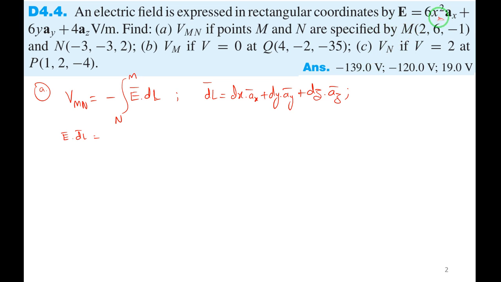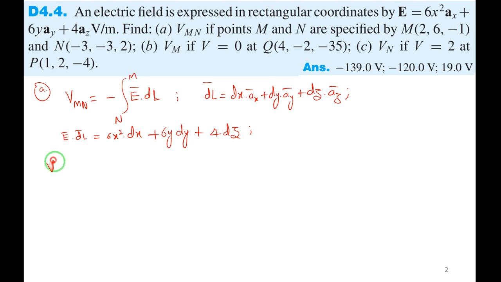So 6x square into dx plus the second component is 6y into dy plus the third component is 4 az, 4 dz, right? This is E dot dl.